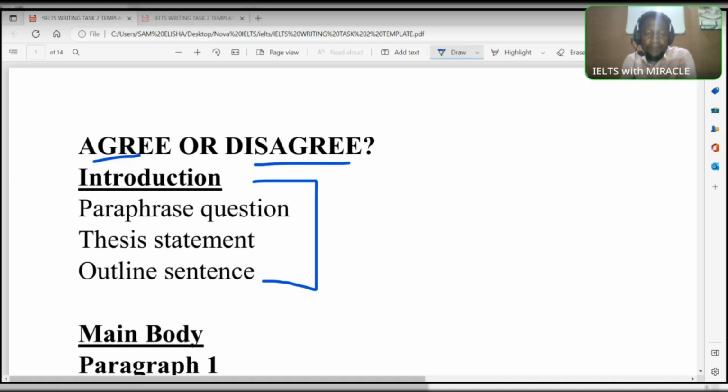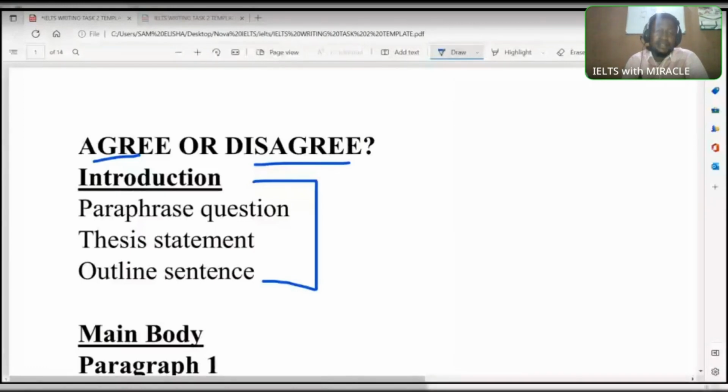Then you have the outline sentence. The outline sentence is the sentence that carries the 2 points that you will discuss. The 2 points that will be discussed in your essay will be in the outline sentence.